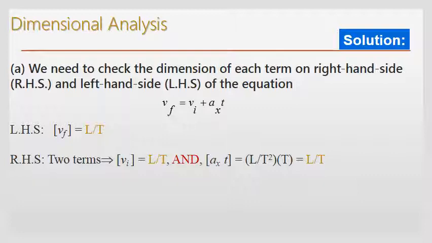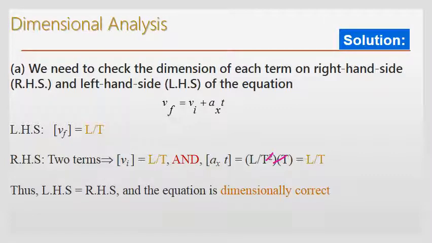Knowing that the dimension of a is L over T squared and the dimension of t is T, the product of this gives us L over T. The left-hand side, again, equals the right-hand side, and the equation is dimensionally correct.